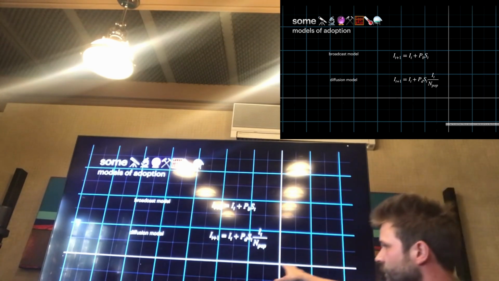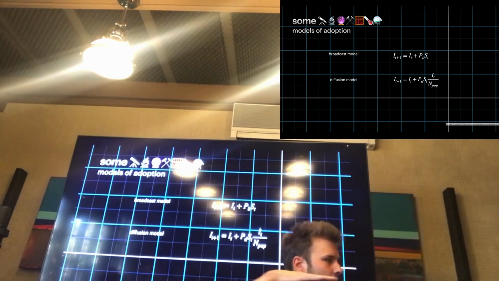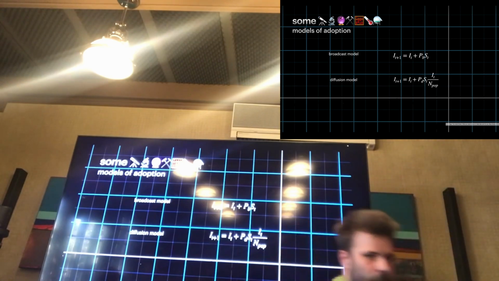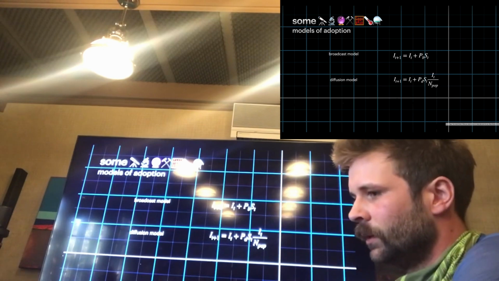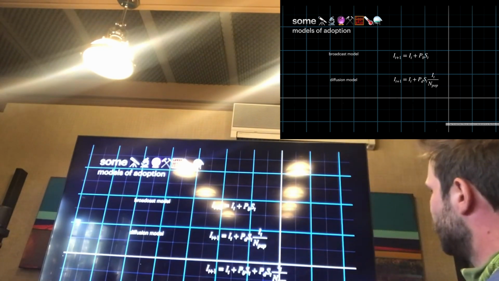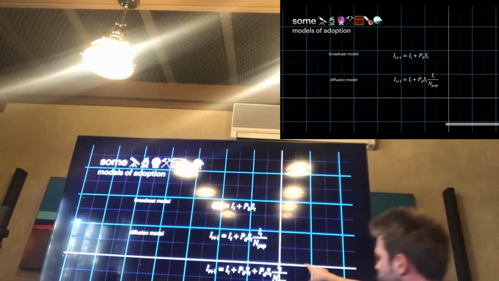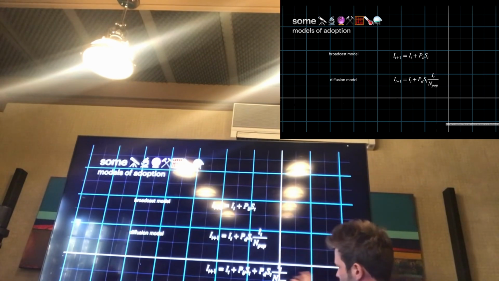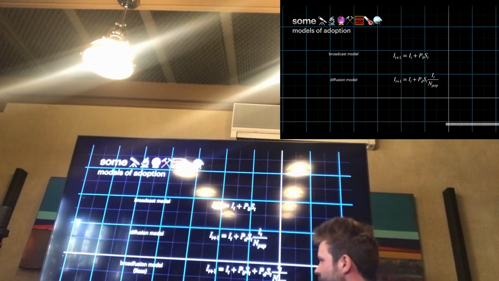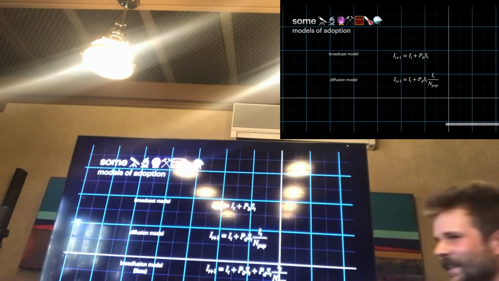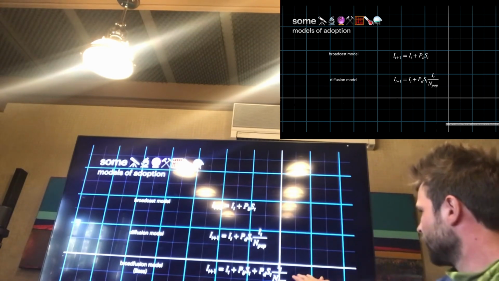And so this gives us an S curve, so flat, up, flat. And then we can also combine these things. So let's say we take this blob and this blob, and just put it together. This is kind of like the Brangelina of models. And so this is called the broad fusion model. It's actually called the Bass model, for Frank Bass. And this is the one that I'm using now.